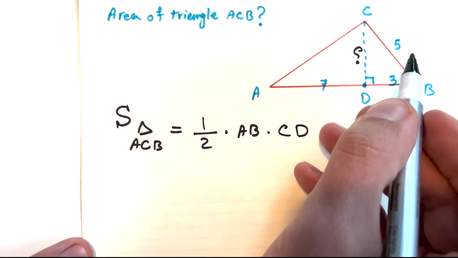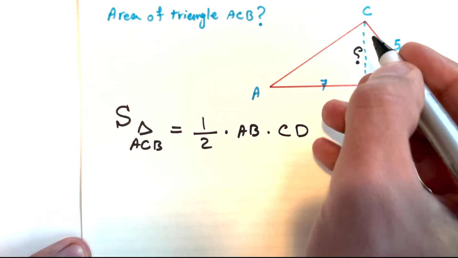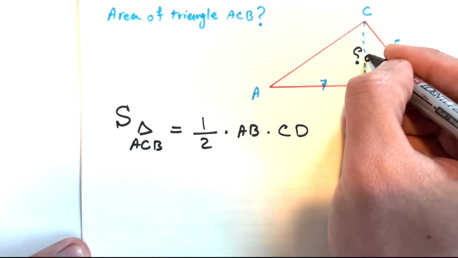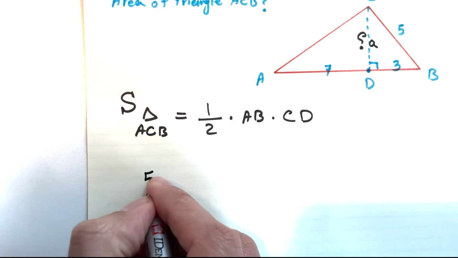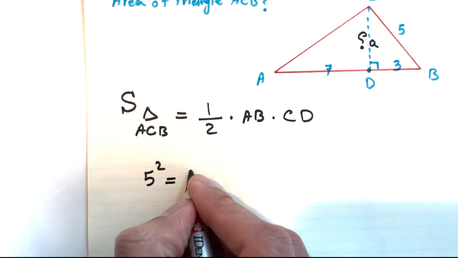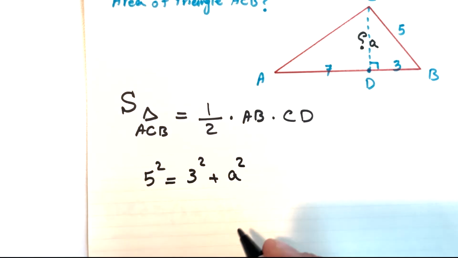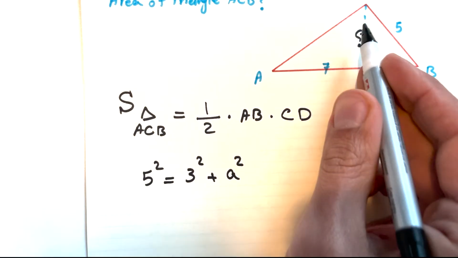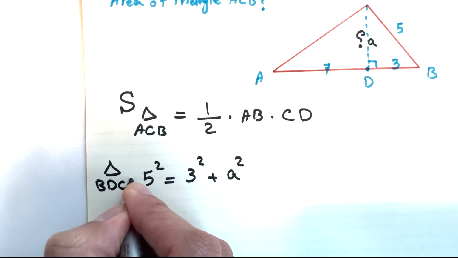I can write the square of the longest side here, 5, and I'm going to call this line, let's say, A. So I can write 5 square is equal to 3 square plus A square. So I'm talking about the triangle BDC.